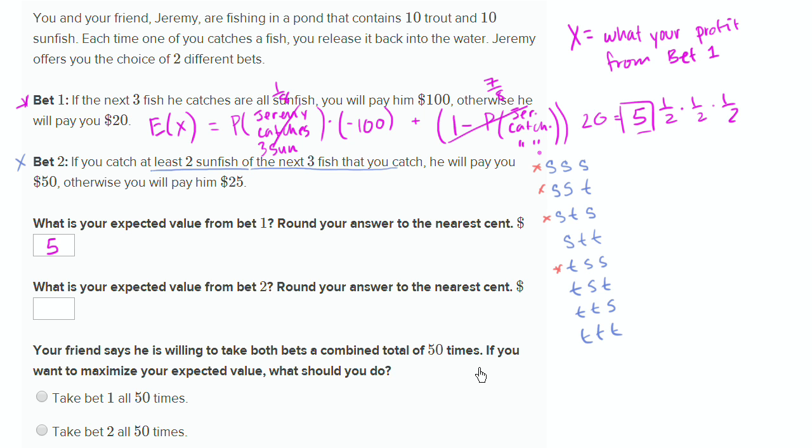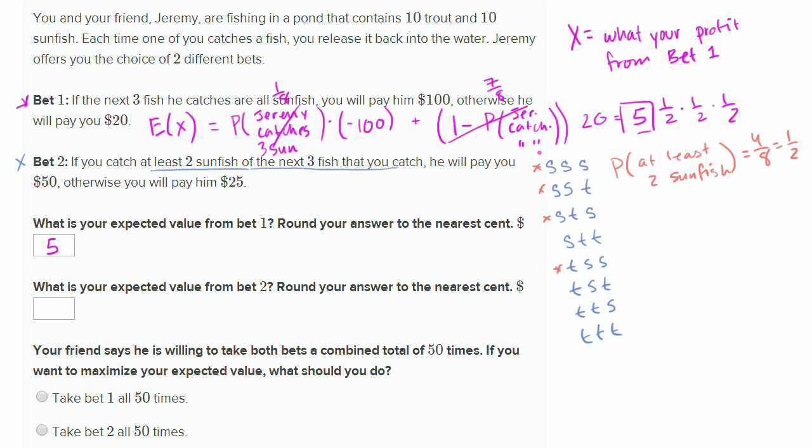And that is it. The others have only 1 sunfish, 1 sunfish, 1 sunfish, and no sunfish. So in 4 out of the 8 equally likely outcomes, you catch at least 2 sunfish. So your probability of at least 2 sunfish is equal to 4/8, or 1/2.